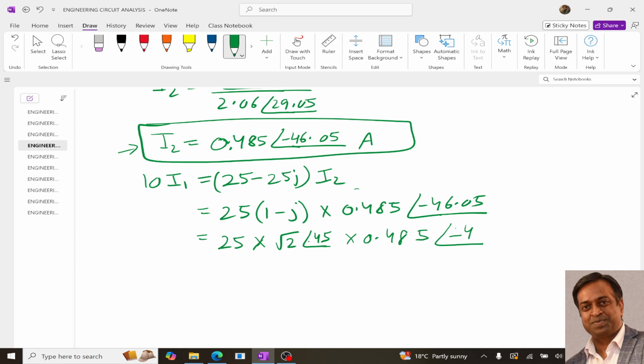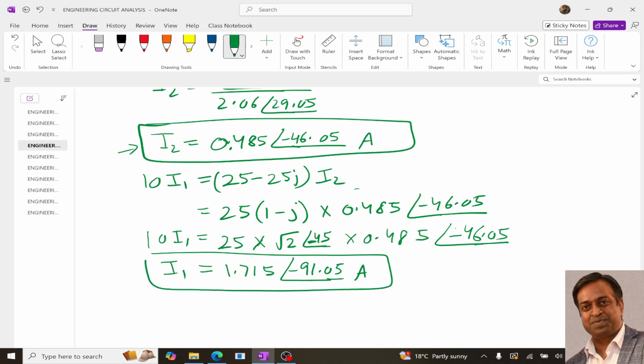The angle over here will be minus 45, okay. So it will be minus 46.05. Now solving this, and this is 10I1. So solving this for I1, we will get the answer as 1.715, angle is minus 91.05 amperes, right? So this is our I1.